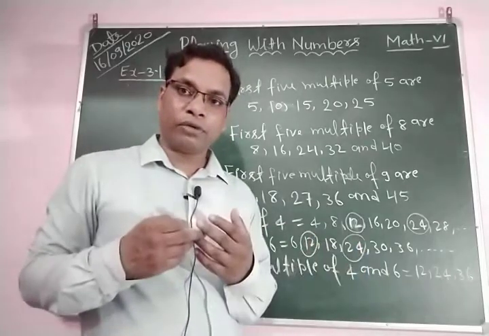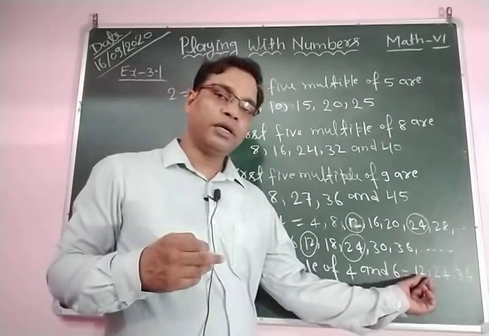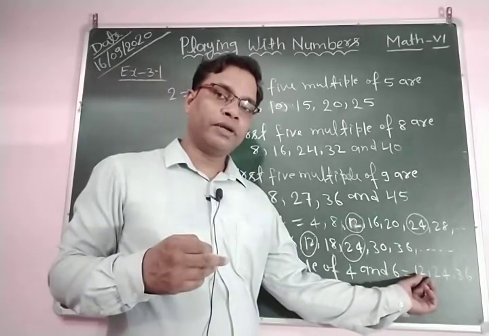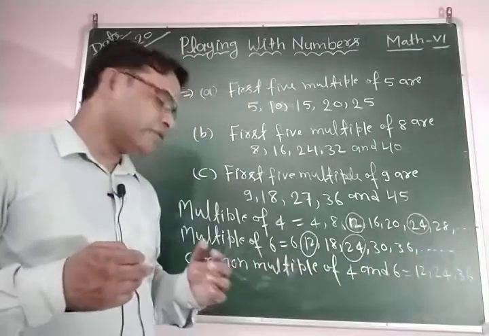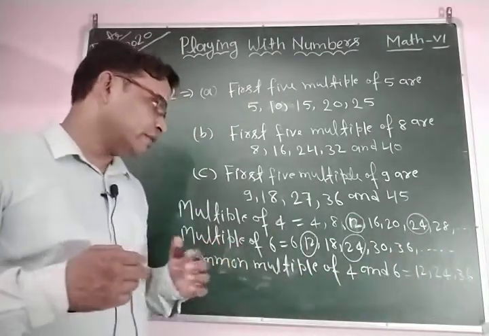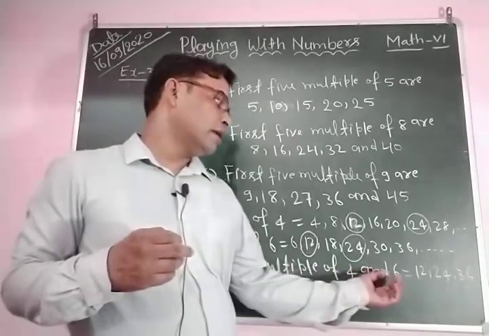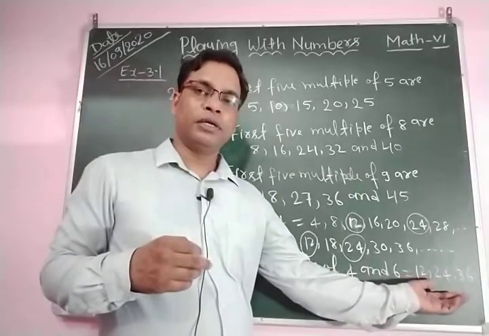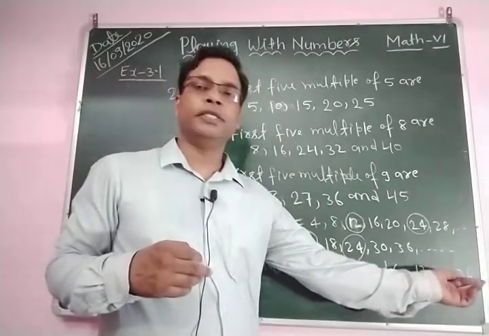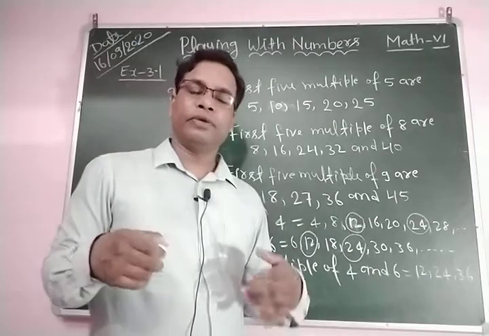If you need to find more common multiples of 6 and 4, then this is the table of 12: 12, 24, 36, 48, 60, 72, 84 and so on.